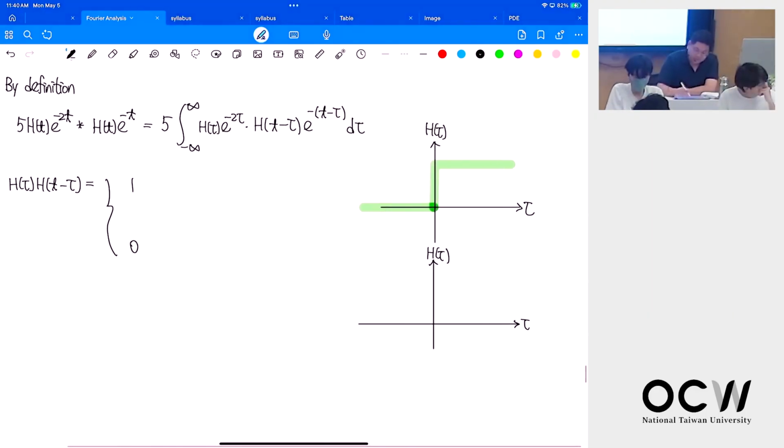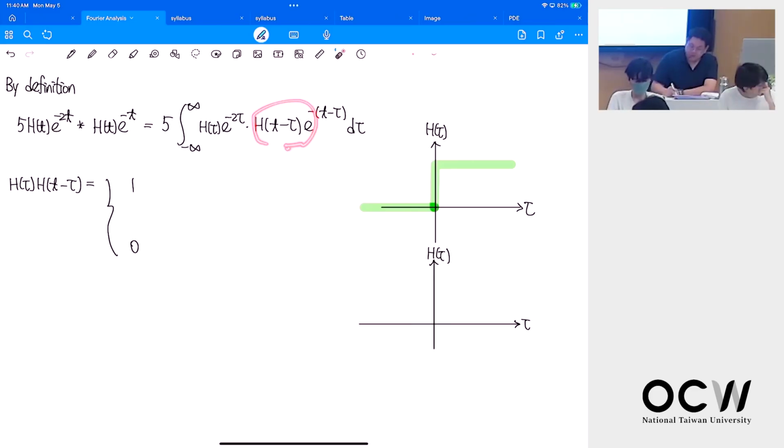For the second one, t minus tau. Here, my x-axis is tau. So what is t minus tau? How do you plot this? It is not a function of t, okay? It's a function of tau.